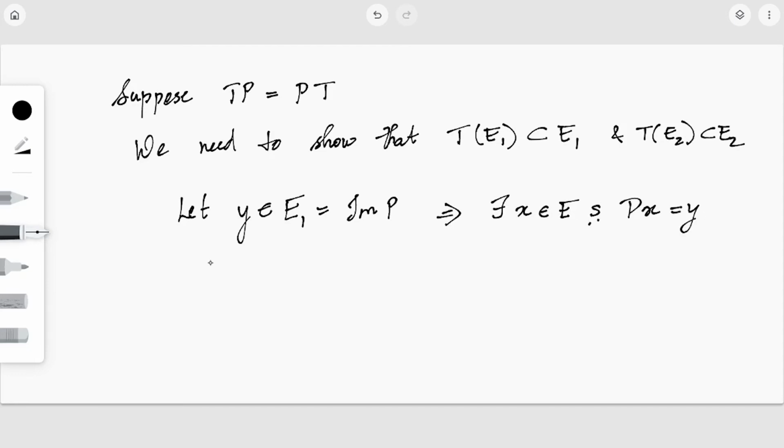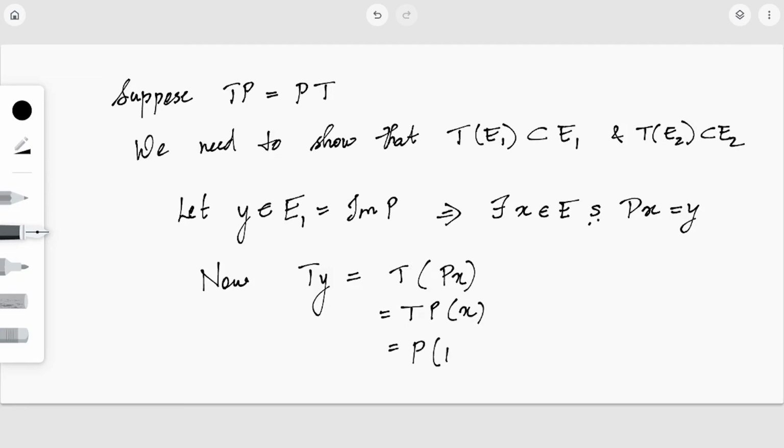Okay, so now let me see what is T of Y. T acting on Y will be nothing but T acting on P of X. This is T of P acting on X. TP and PT are same, so P of T of X. Okay, so this is again an element of the image of P, right?